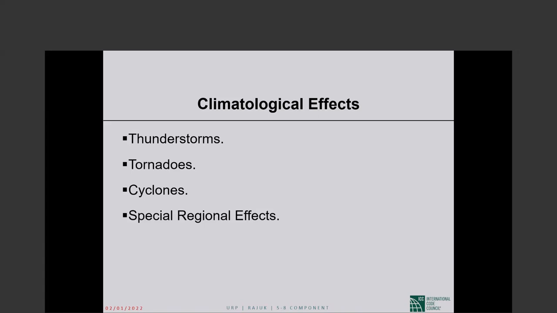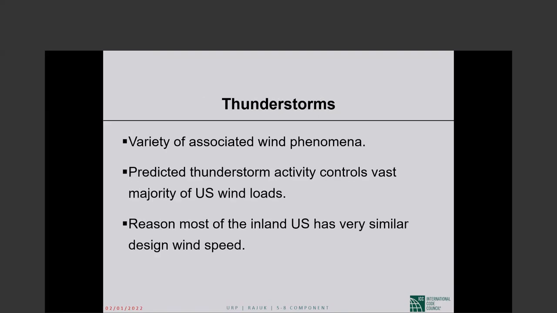Those, like in mountainous areas, wind is modified by the topography, and that is something we have to deal with. So thunderstorms, tornadoes, cyclones or hurricanes, and special regional effects.